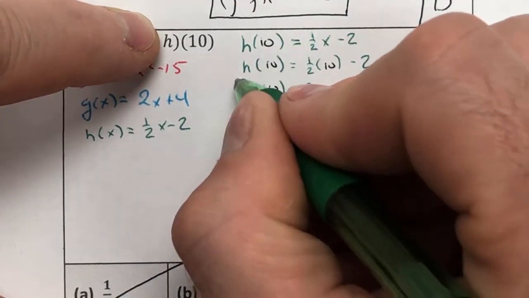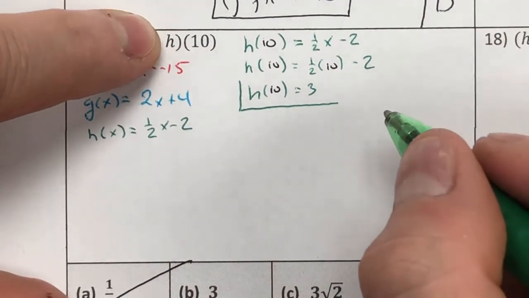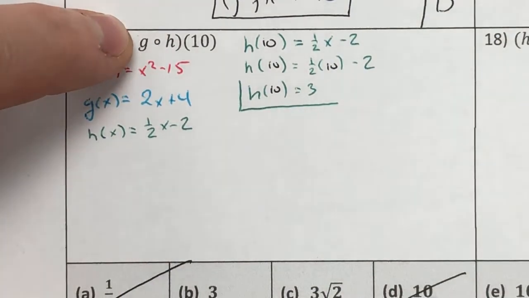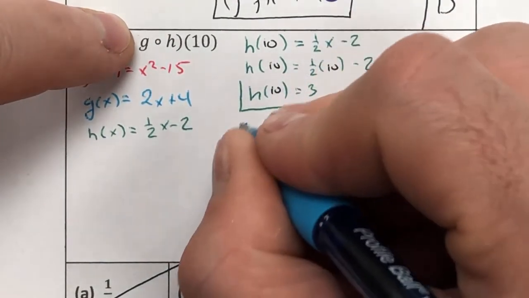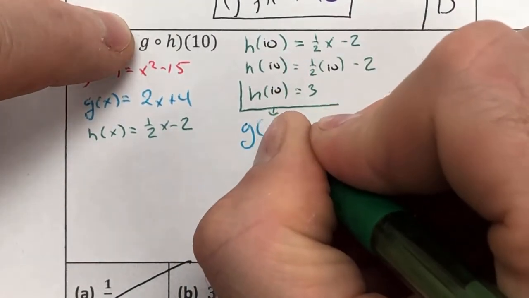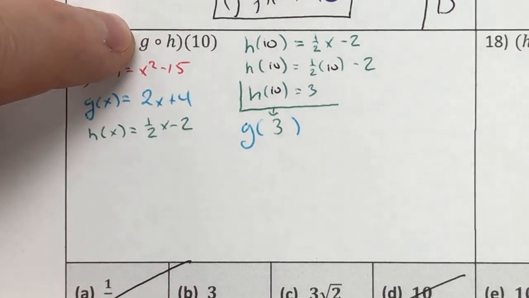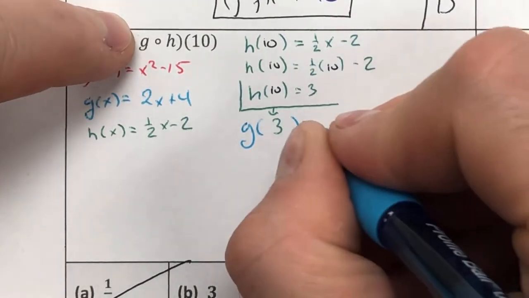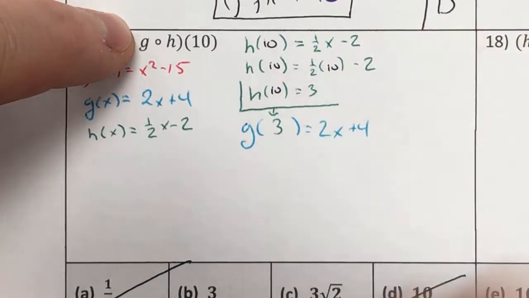Well, I'm going to take that and plug that into G. So G of 3 equals 2x plus 4.